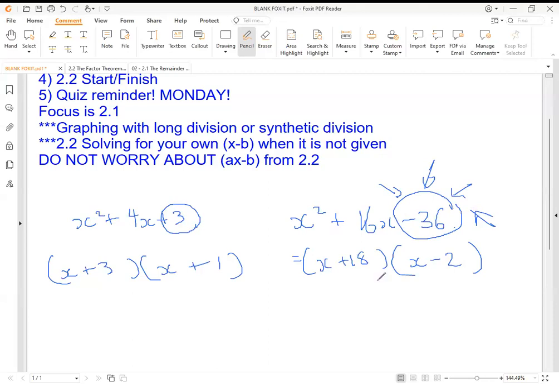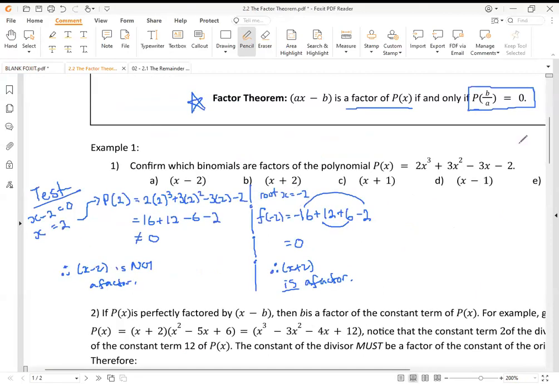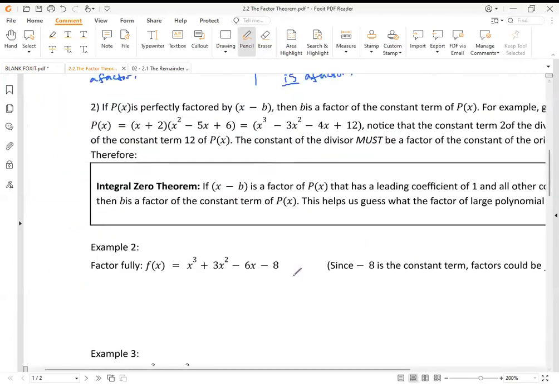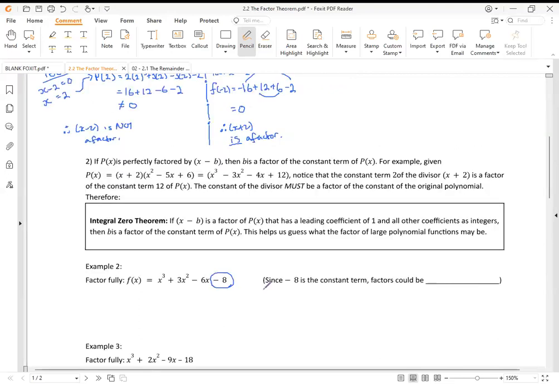In the same way, if you want a factor for cubic, for quartic, for quintic, for everything, you are going to look at the last number. The factors of your polynomial will coincide with the factors of the constant. Introducing the integral zero theorem. And up to here is essentially what you might need for your quiz, okay?